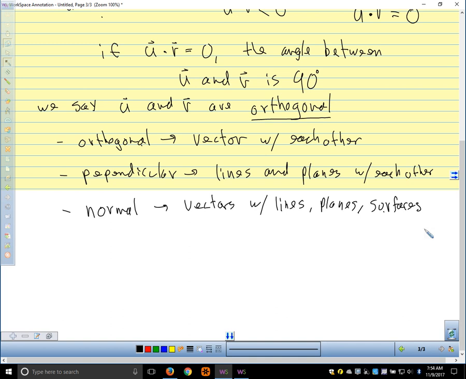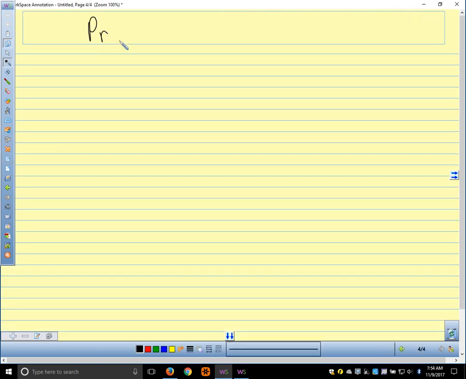I'm not going to go through a lot of examples of calculating with the dot product, since it is very easy. One of the important applications has to do with vector projections and vector components. So let's talk about projections.